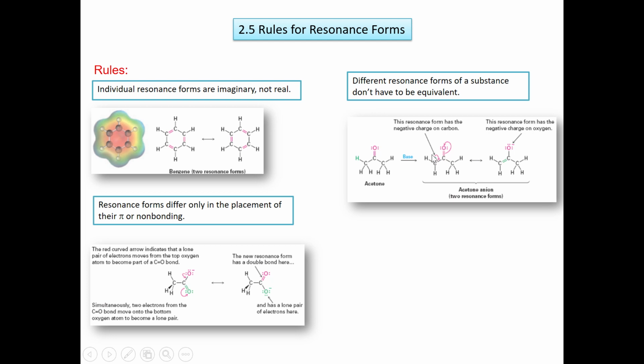This negative charge can form a double bond between this carbon and this carbon, and then to not break the octet, the carbon-oxygen double bond, a pair of electrons has to go to the oxygen to form these resonance forms. These resonance forms are not equivalent, but both of them explain the behavior of the molecule.